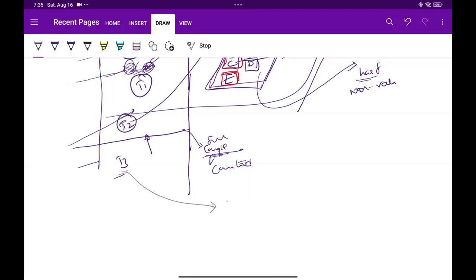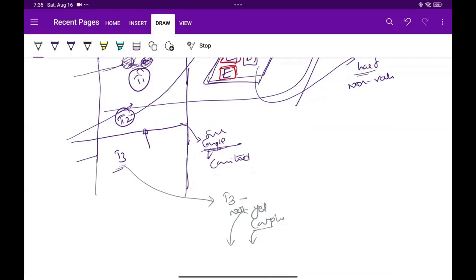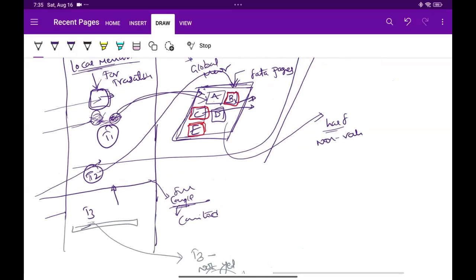But this T3 is not yet completed. It is in the middle of processing; its state will finally become either aborted or committed, but currently it is in processing state, not yet in the final state. At that time, flushing happens.